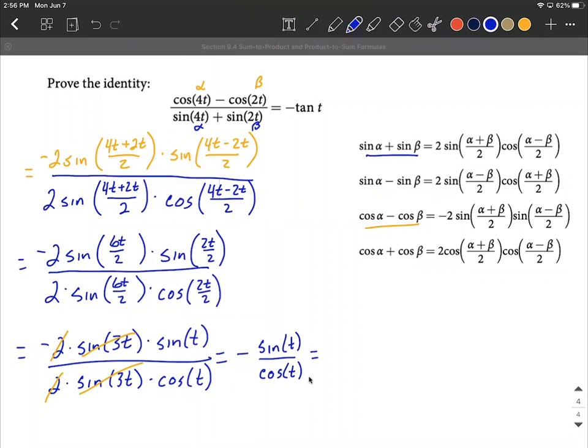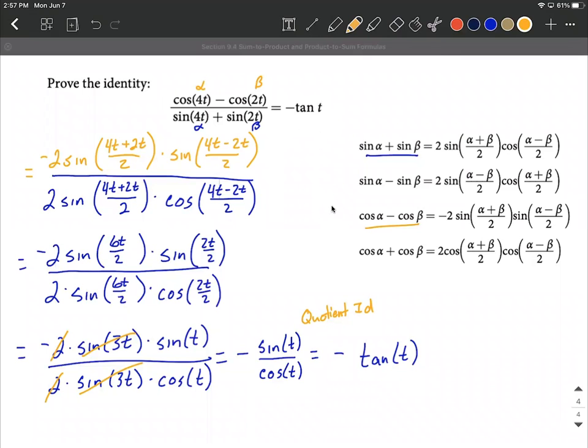This sine of t over cosine of t is equivalent to tangent of t, which is what we were looking to get to over on the right-hand side. Again, this is the quotient identity, helping us go from sine over cosine to tangent. And that's what we wanted to prove. We wanted to show that everything on the left-hand side is equal to what's on the right-hand side.